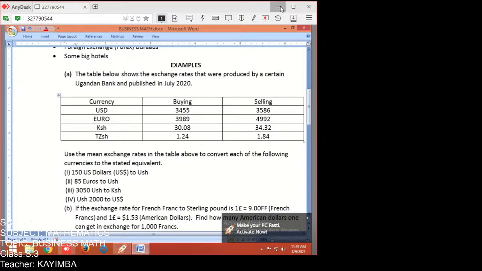What did you use here? That $1, right? According to what we had, is equivalent to how much Ugandan shillings? 3520.5.